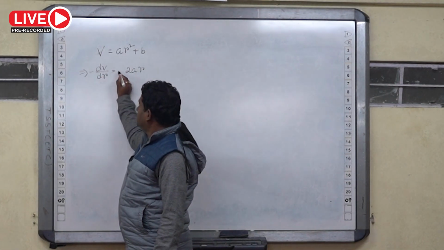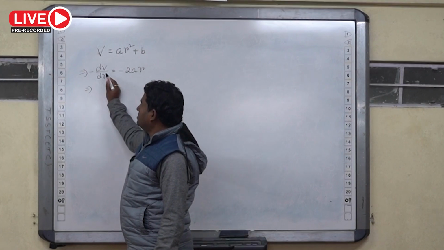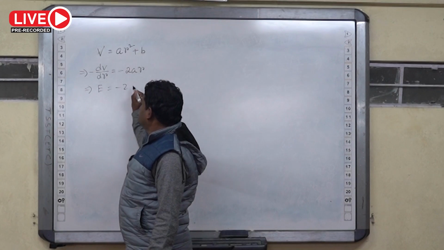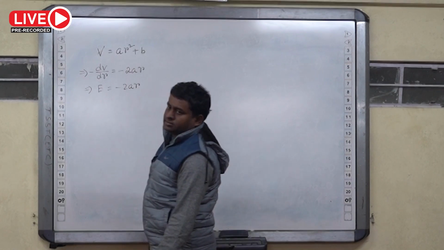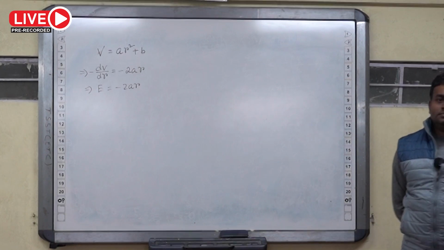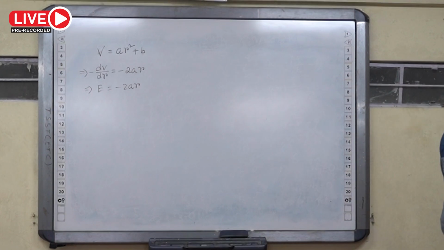Then take minus on both sides. Then minus dV by dr means electric field. So electric field is minus 2Ar. Negative derivative of potential is field.